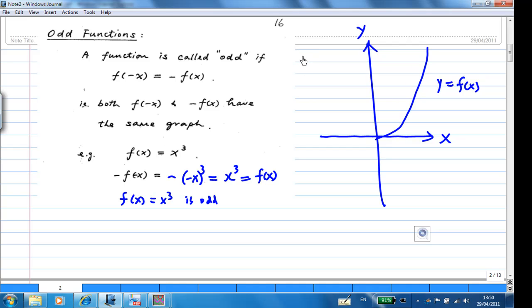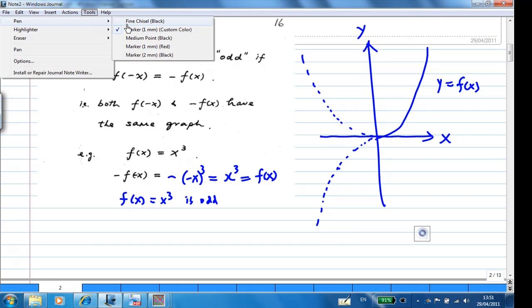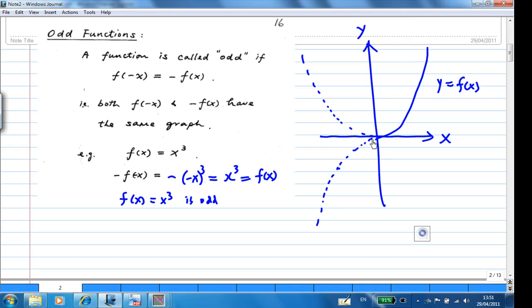That means you do a reflection in the y-axis first, then you do another reflection in the x-axis. So the graph on the right hand side, this piece here, is exactly the same as the graph obtained by doing reflection in the y-axis then reflection in the x-axis. This is also called the graph being symmetrical about the origin.